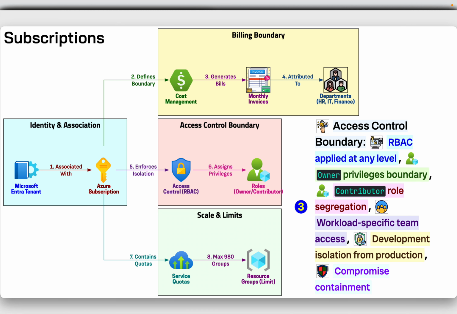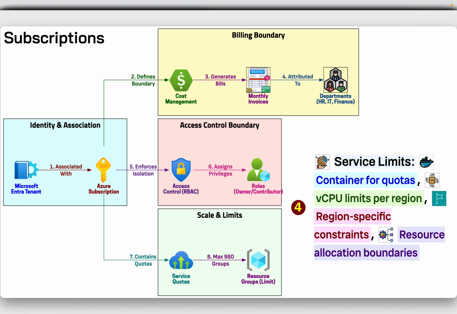While role-based access control can be applied at any level, the subscription is a common boundary for owner or contributor privileges for workload-specific teams. This segregation ensures that a compromise in a development subscription does not affect the production subscription.